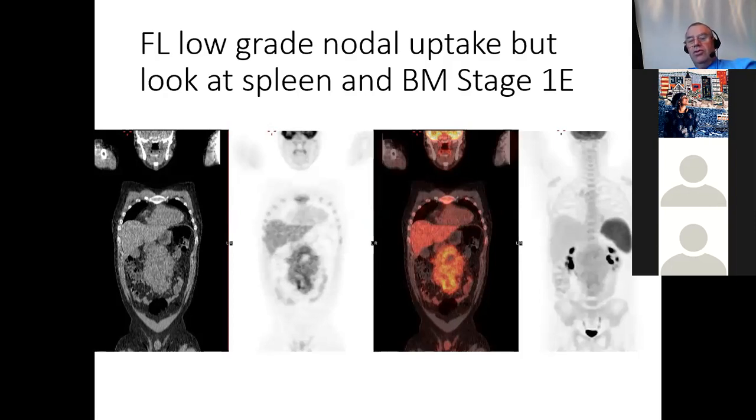And unfortunately, there is some confusion over whether it should be S for spleen or E for extranodal. Some hematologists like to use S, some like to use E. But I think describing it as spleen is much more useful, because extranodal would mean it's outside of the reticuloendothelial system and would infer actually stage 4.